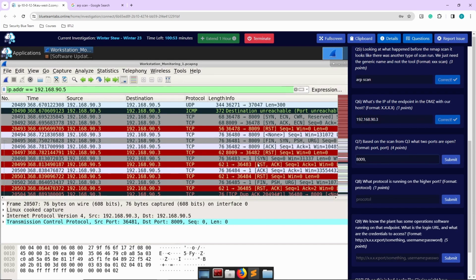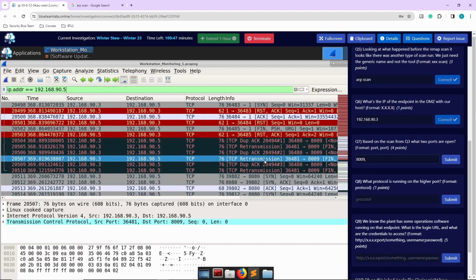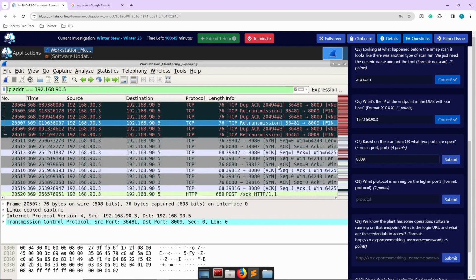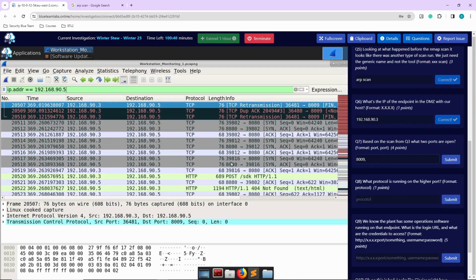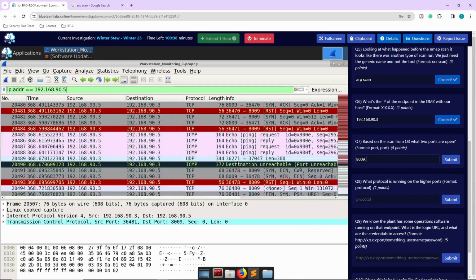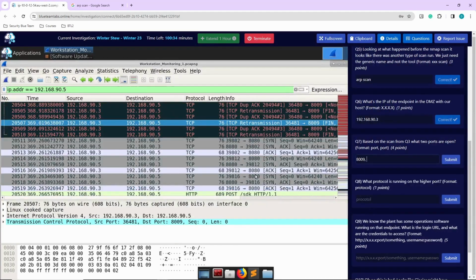Yeah, the reset ACK flag. But if it's open, it tries to establish a handshake. So then you get a SYN ACK back from the endpoint. So we saw 8009 before. There was actually a SYN ACK. And then here as well, it looks like 8080.